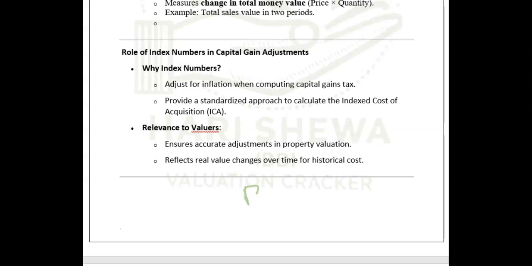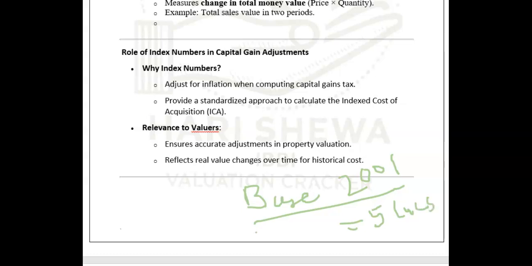Say in property the base period is 2001. You have constructed one house in 2001. The cost is 5 lakhs. In 2024, you want to sell this house.